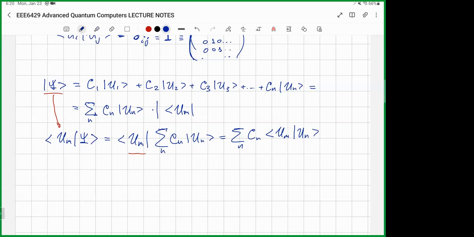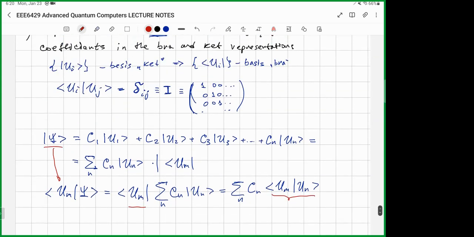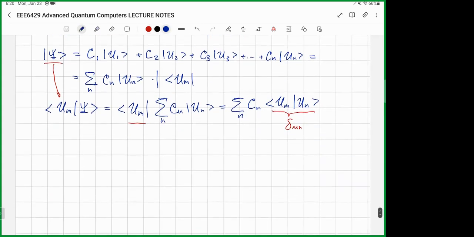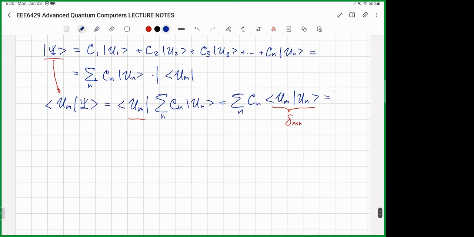So now let's look at this expression here, and note that this is equal to the delta, identity matrix, because the vectors are orthonormal. So this is equal to delta mn. So it's equal to the sum over n of cn delta mn.